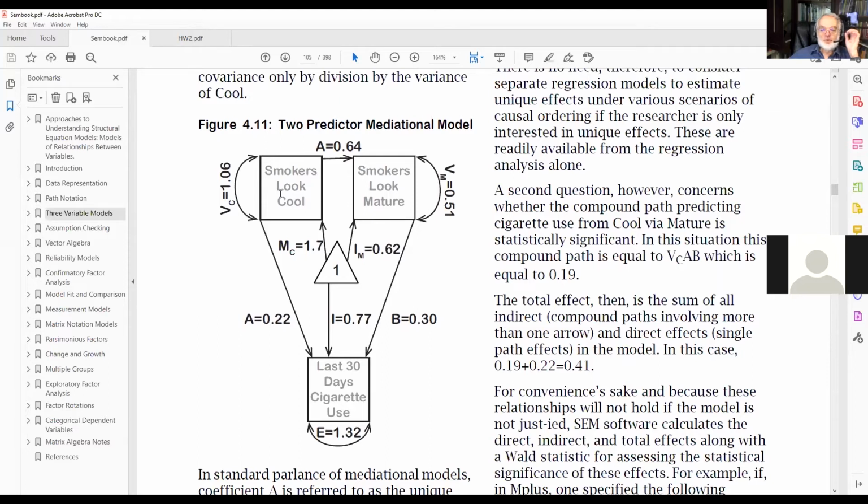Well, that's going to be just like a single predictor model. 1.06 times 0.64 is the covariance. Having gone forward on this arrow, again, I can't go backward on any of these arrows. So rather than this being the covariance between the two, as we saw earlier in the chapter, this is now the covariance divided by the variance of 1.06.